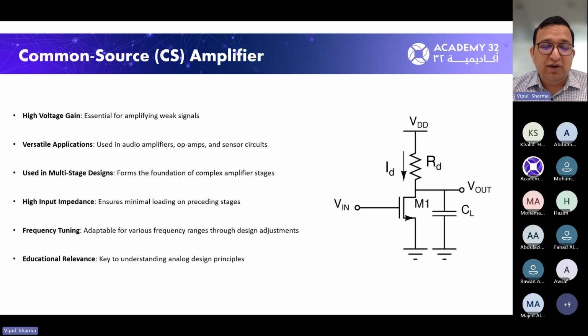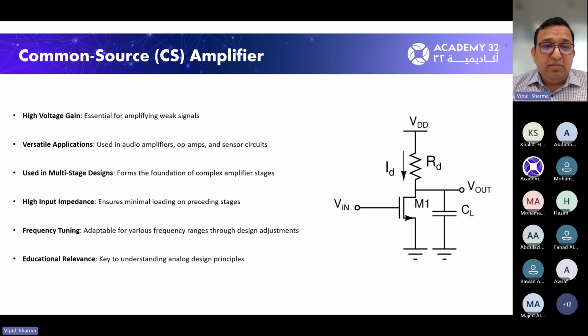For example, if you have a stage where you want enhancement in gain, you can apply a common source amplifier after that stage, cascade it to the existing stage and enhance the gain. Obviously, there are some other aspects which need to be taken care of while designing such circuits, like feedback, stability, etc. But the common source amplifier is one of the fundamental stages used for enhancing the gain of any signal chain.